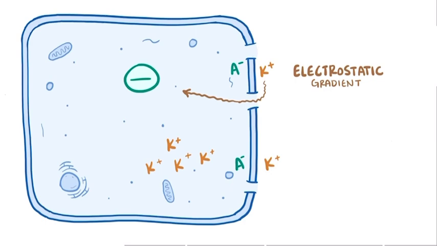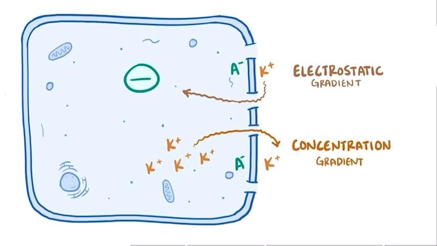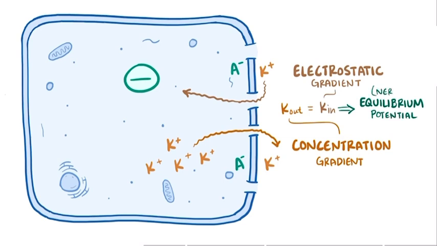This electrostatic gradient is established with the movement of relatively few ions, so it doesn't upset the overall concentration gradient that was already established. For potassium, the exact point when the potassium moving out of the cell due to the concentration gradient equals the potassium moving back into the cell due to the electrostatic gradient is called the equilibrium potential, or Nernst potential for potassium, and it's about negative 92 millivolts.